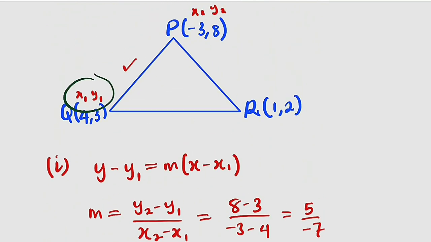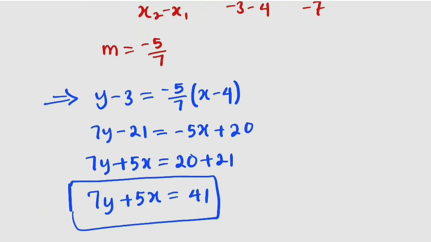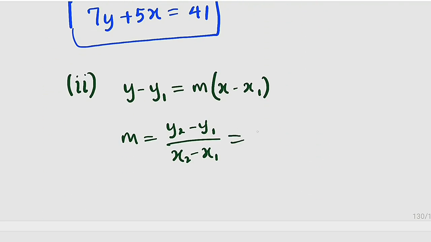Already this is x1, y1, so this should be x2, y2. This implies that 2 minus 3 divided by 1 minus 4. 2 minus 3, 1 minus 4. This will be 1 over 3 because the negatives will cancel. So it means that, let me just write it. This is -1, this is -3. So if you divide, m will be 1 divided by 3.